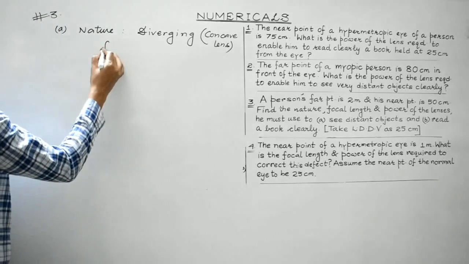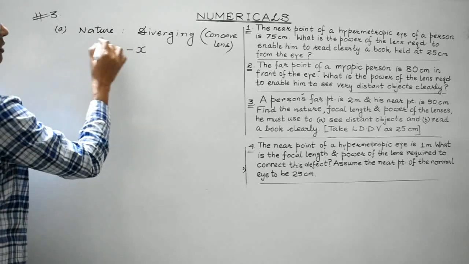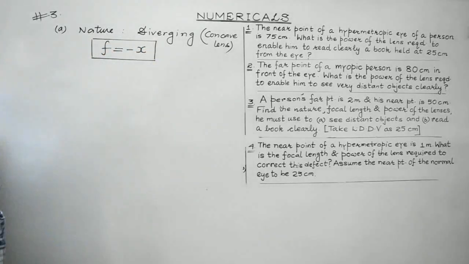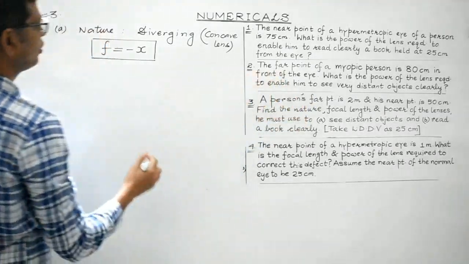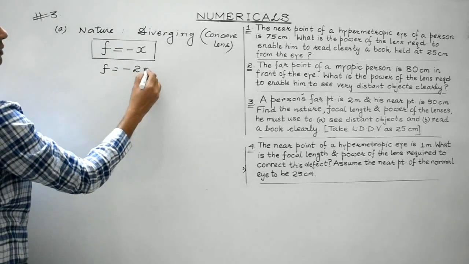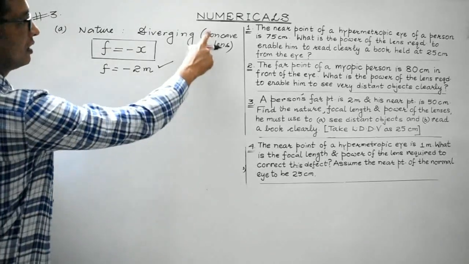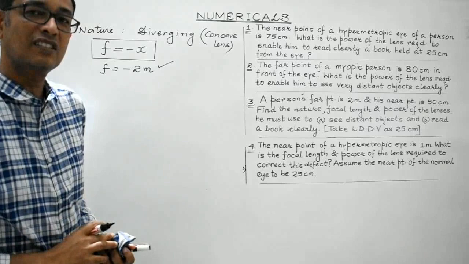Focal length of this diverging lens should be equal to the far point of the person under consideration. So what is the far point? It is given to be 2 meter. So f would be equal to minus 2 meter. Right? So this is the focal length of the concave lens which is to be used by this person to see the distant objects clearly.